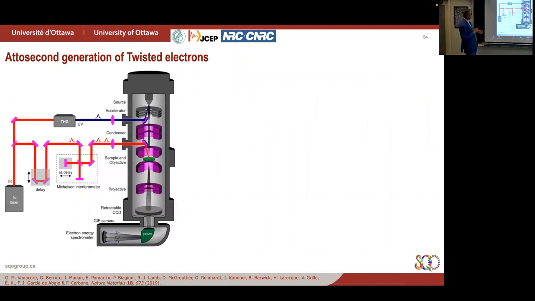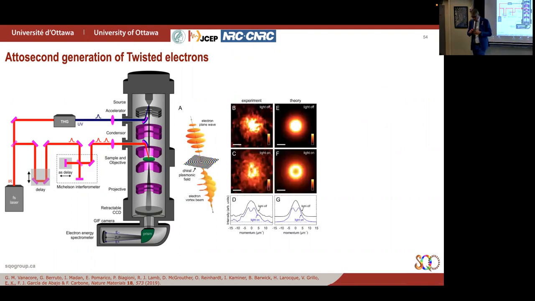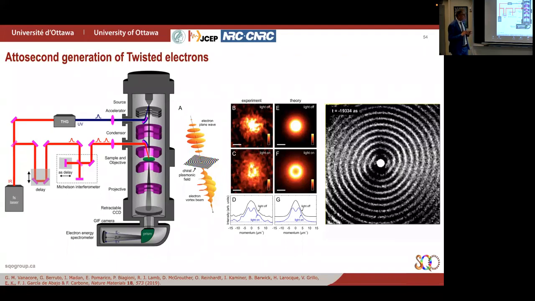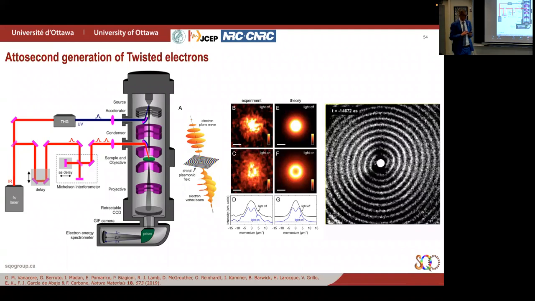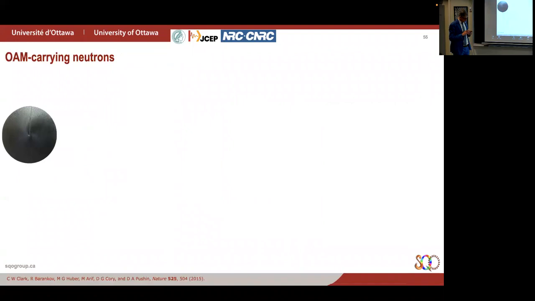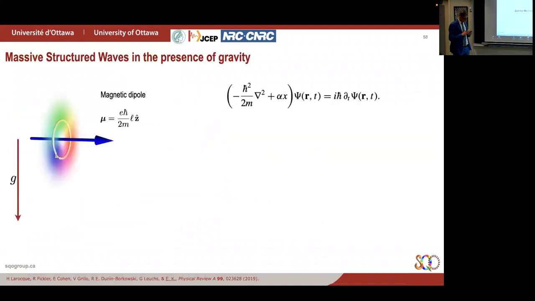You can have an electron microscope which creates electrons in a pulsed way, and then you can illuminate the sample and do a pump-probe experiment, and essentially you can create electron vortex beams with really high topological charge, with a really fast way to control the topological charge, essentially in an attosecond way of controlling the electron topological charge.